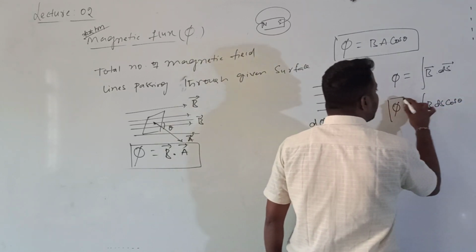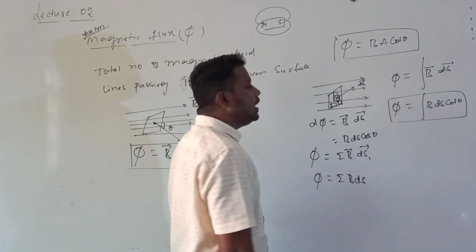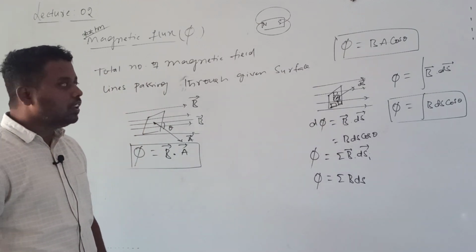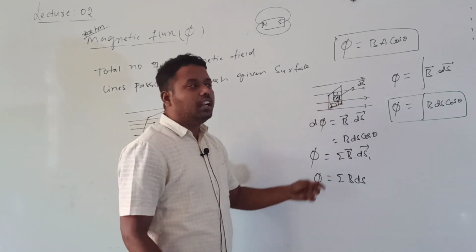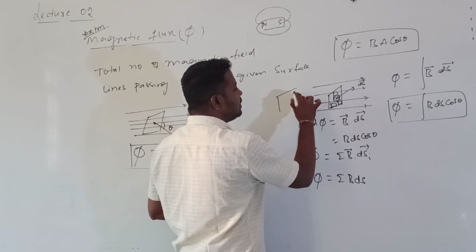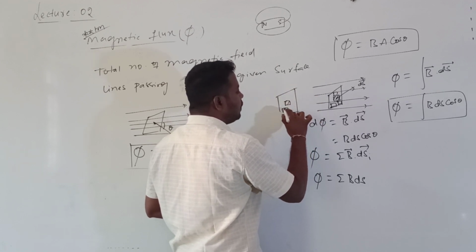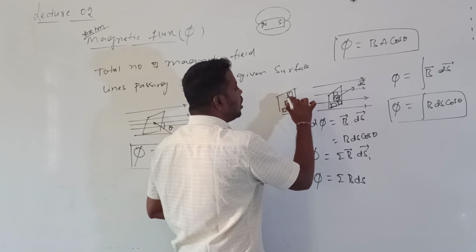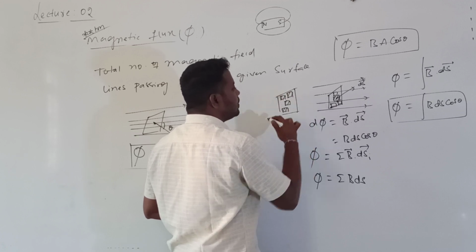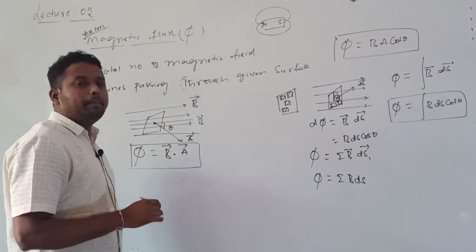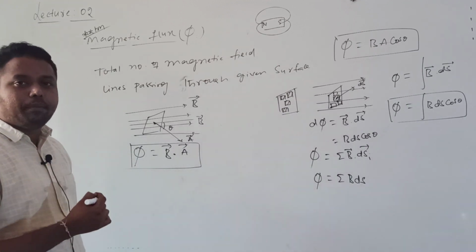There are a number of methods to calculate the total magnetic flux. Here the total area is divided into a number of elements. This is our area, divided into a number of elements, and we calculate the magnetic flux through each element.